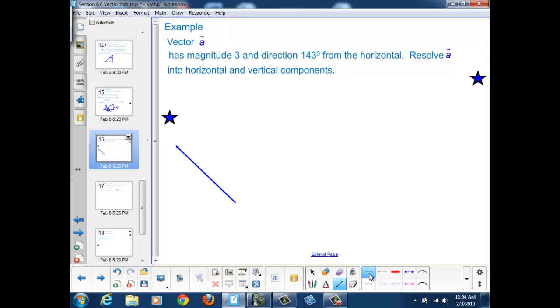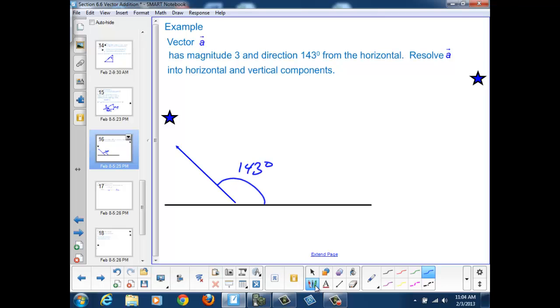If we do our horizontal line here, we would say that we have this angle of 143 degrees and a magnitude of 3. How do we describe this vector in terms of its horizontal and vertical components? So how do I find this horizontal and this vertical information?